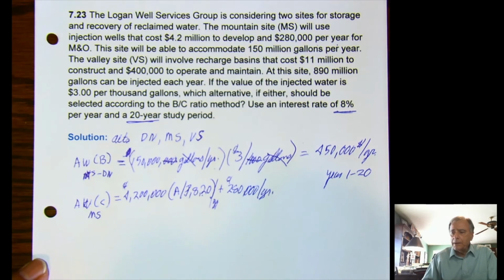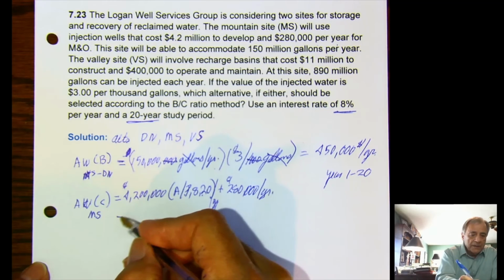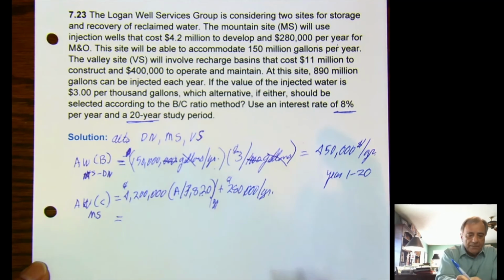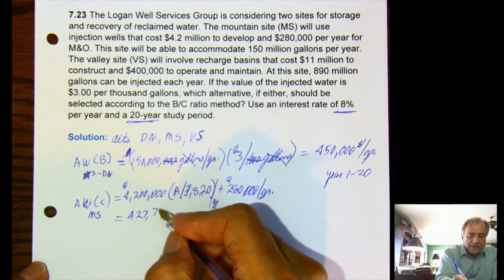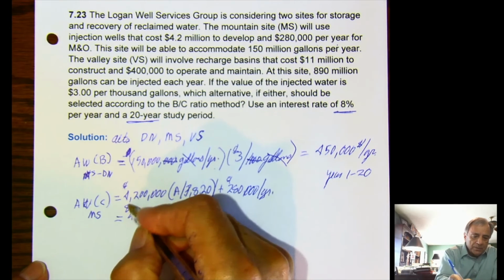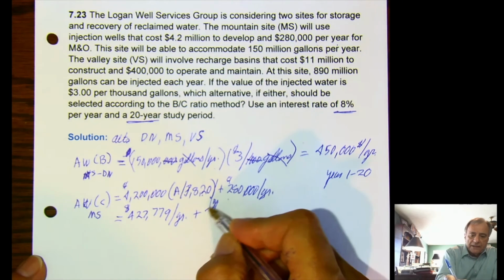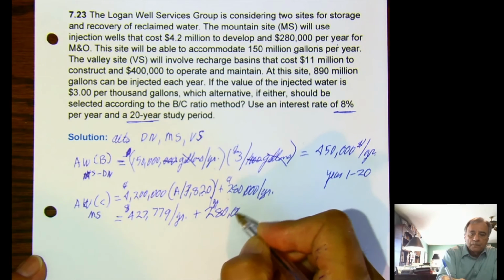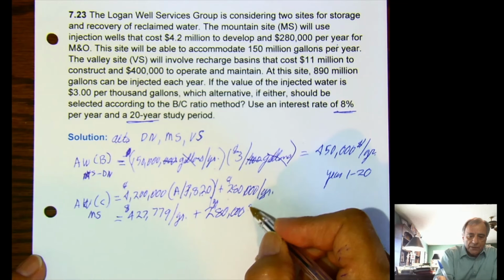So if I take this 4.2 million and multiply it by A given P, 8% for 20 years, doing that on my app, I get $427,779 per year. And then I have the 280 that I need to add to that. And that's dollars per year.